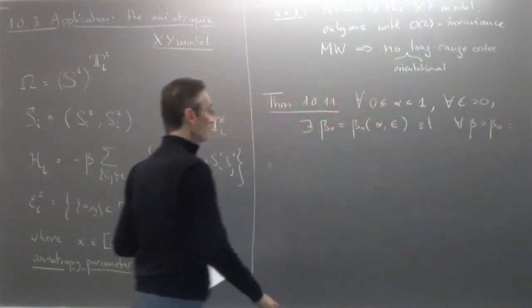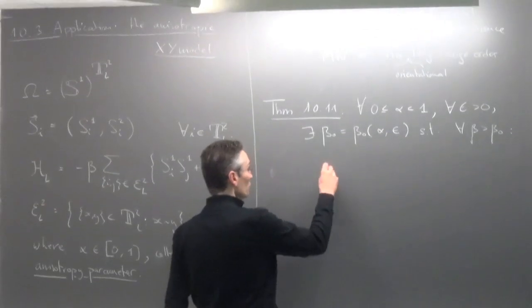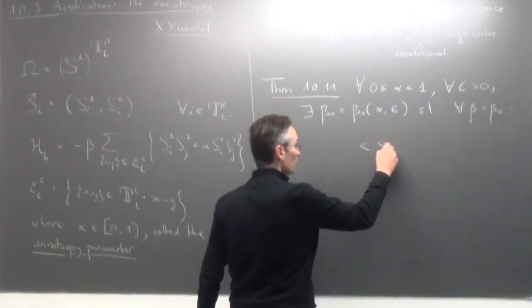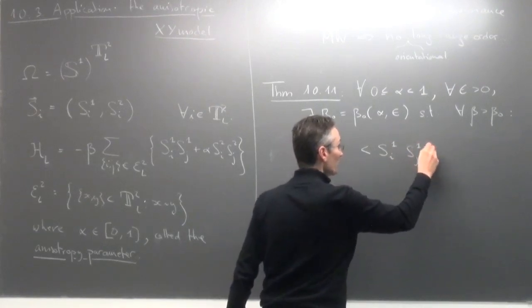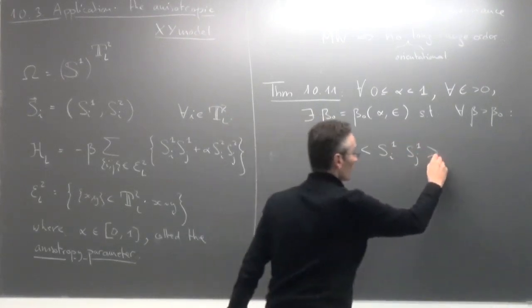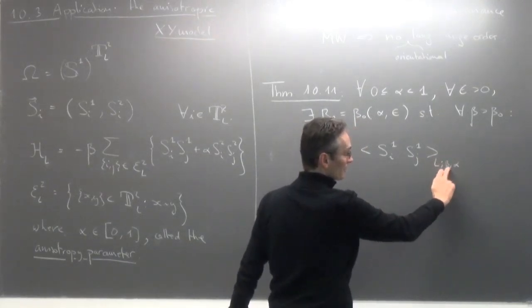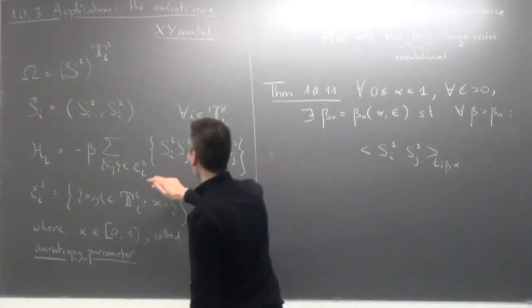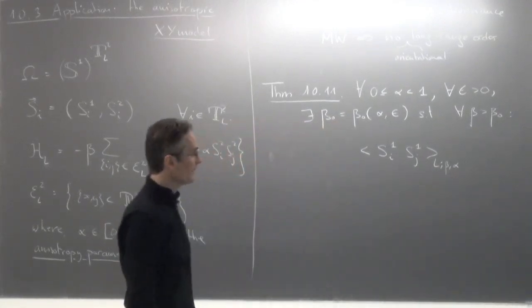we have the following. So I will give two claims. The first one is that there is long range order. So if I compute the expected value of Si1 Sj1, where the measure is the Gibbs measure at inverse temperature beta with an anisotropy parameter alpha on the torus of size L, right?